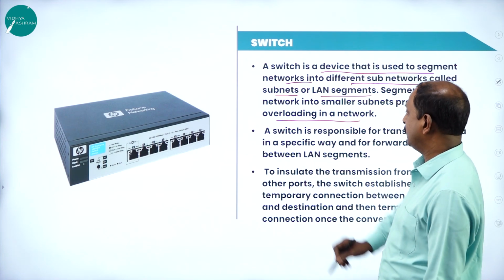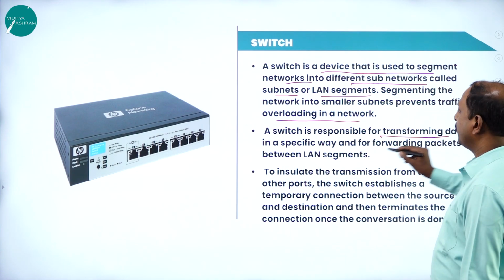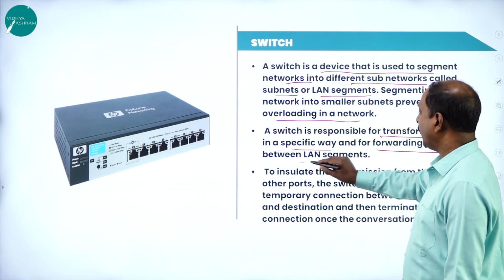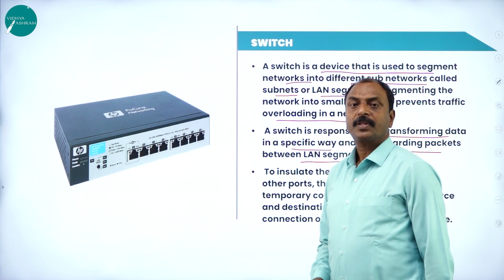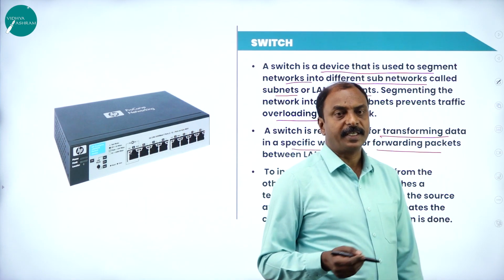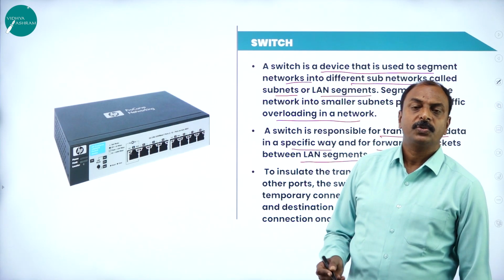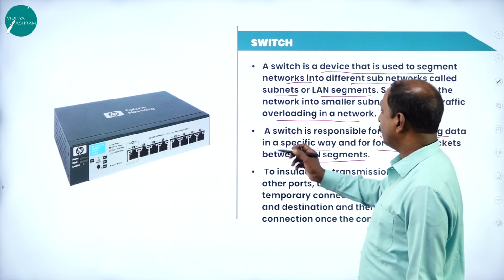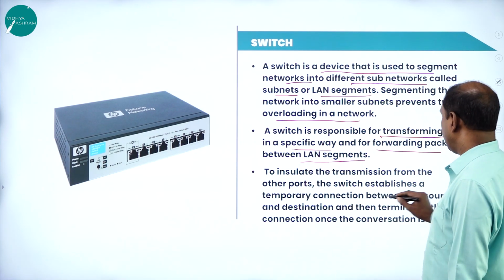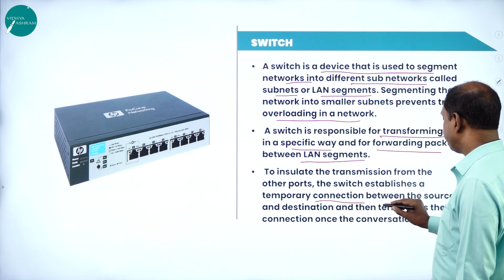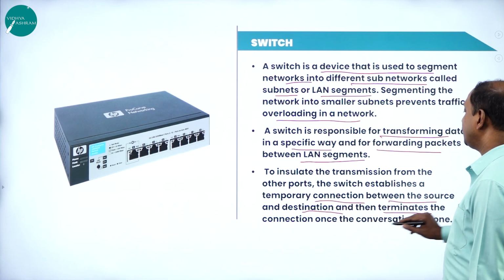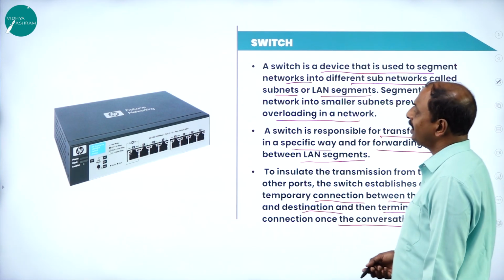It is a device responsible for forwarding packets between LAN segments. Here we are using it to transmit the data between two different segments in the same network or two different networks. That is the function of a switch. To insulate the transmission from the other ports, it establishes a temporary connection between the source and the destination, and then terminates the connection once the conversation is done.